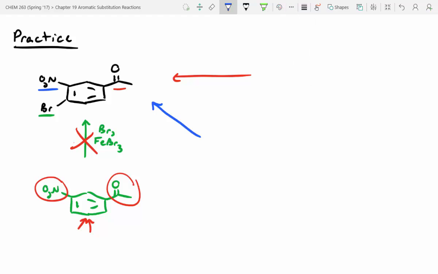All right, let's do the blue one. In the blue one, we're trying to install our nitro group, which means we need HNO3 and H2SO4. If we look at the ketone here, this is going to be a meta director.